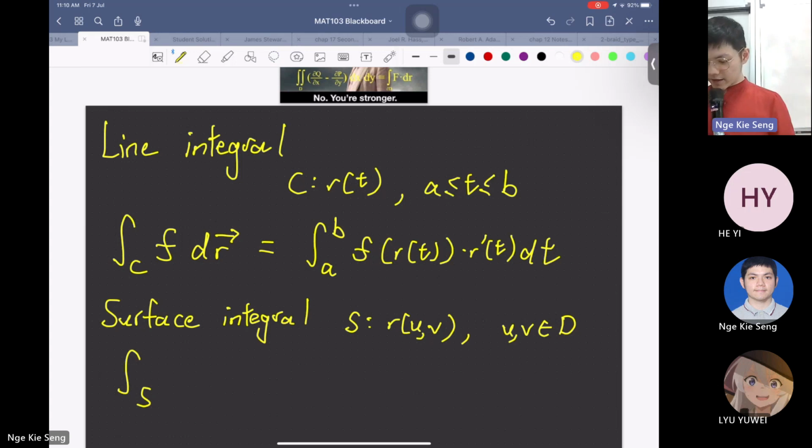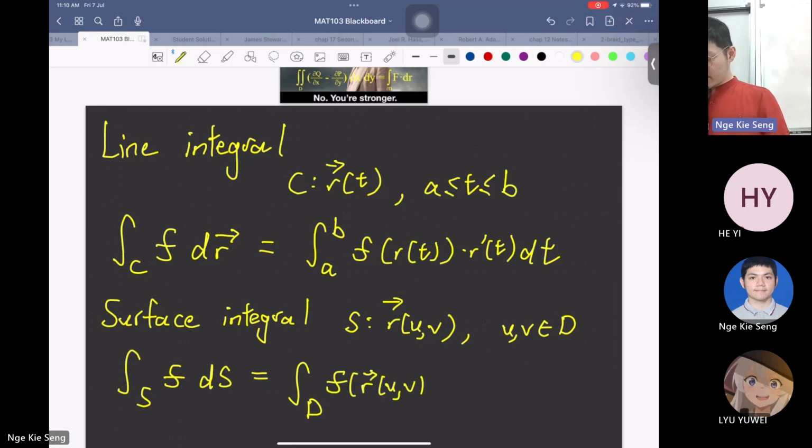So if I do the surface integral over dX, what is it? It is just integrating over D of f applied to r(u,v) dA, where we don't write du dv here.